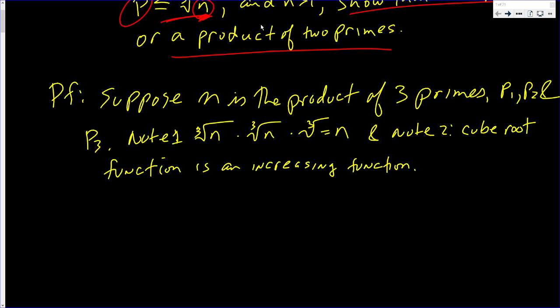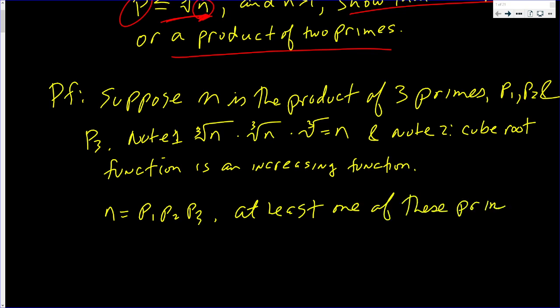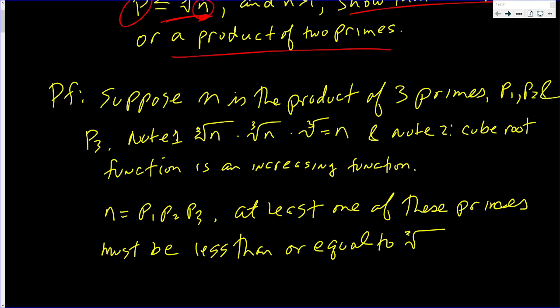So now, N equals P1, P2, P3. At least one of the primes must be less than or equal to the cube root of N. Why not less than?